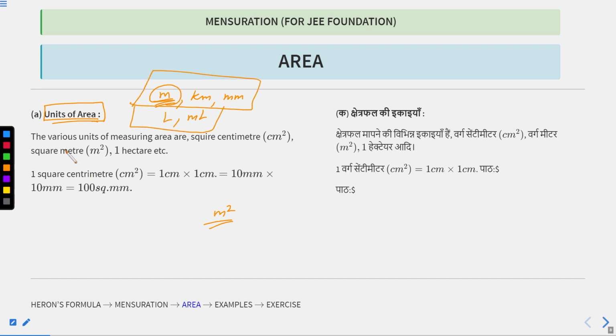So whenever we use units for area, we always represent it with some square. You will see why we are doing this. So centimeter square, we are going to say, and square meter means meter square, and so on.